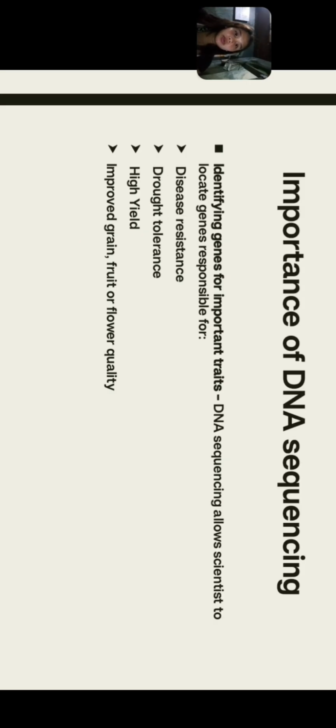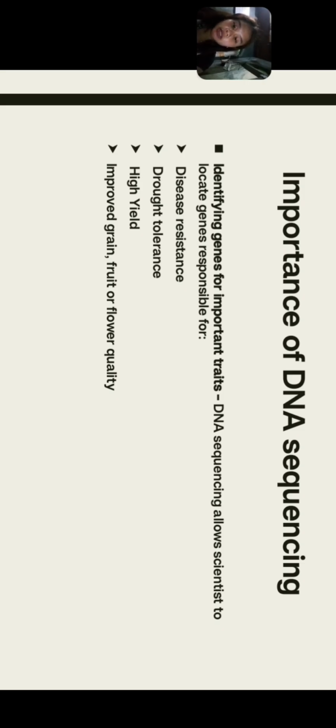Importance of DNA sequencing. Identifying genes for important traits. DNA sequencing allows scientists to locate genes responsible for disease resistance, drought tolerance, high yield, and improved grain, fruit, or flower quality. Disease resistance helps plants fight off sickness.